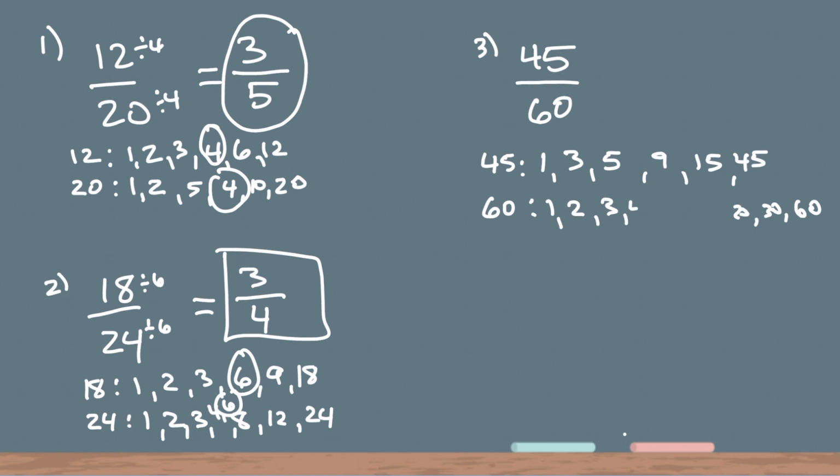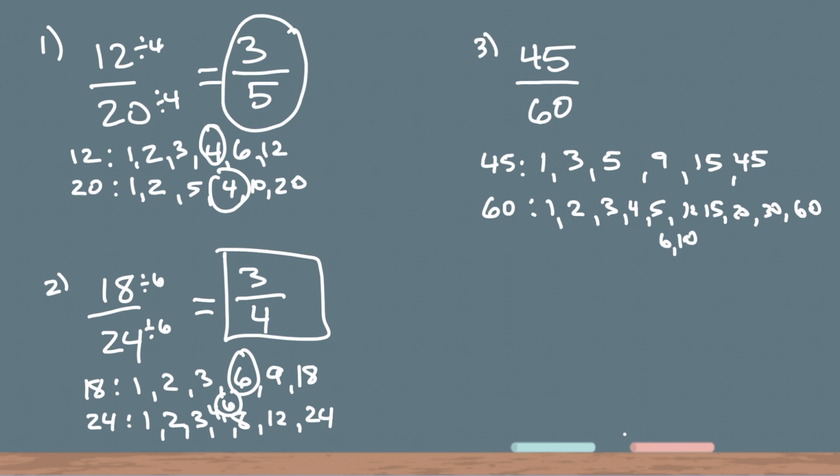We have 4 times 15 is 60. And then 5 times 12 is also 60. And then 6 times 10 is also 60. I'm going to write it below because I ran out of room.